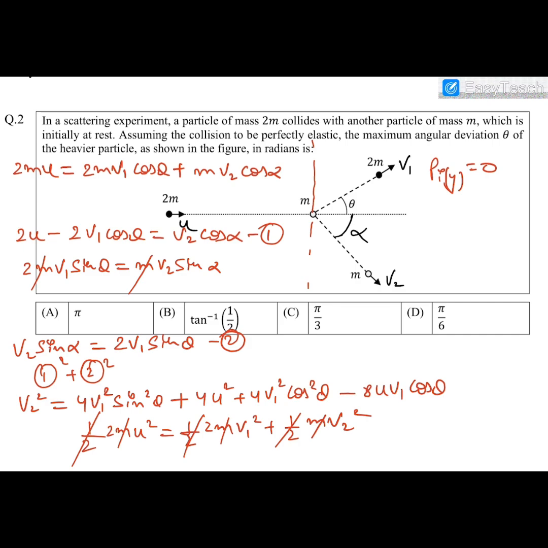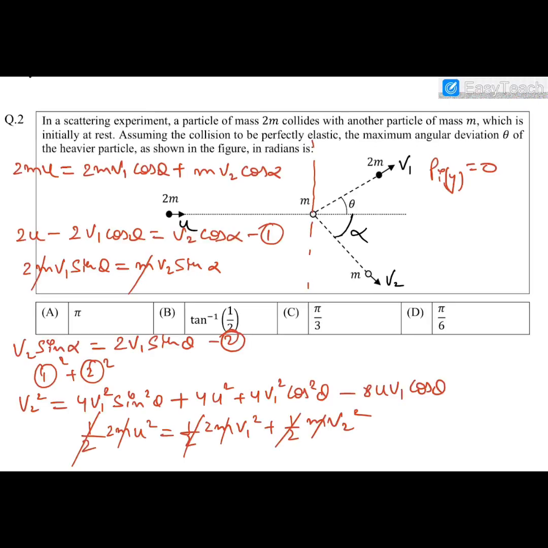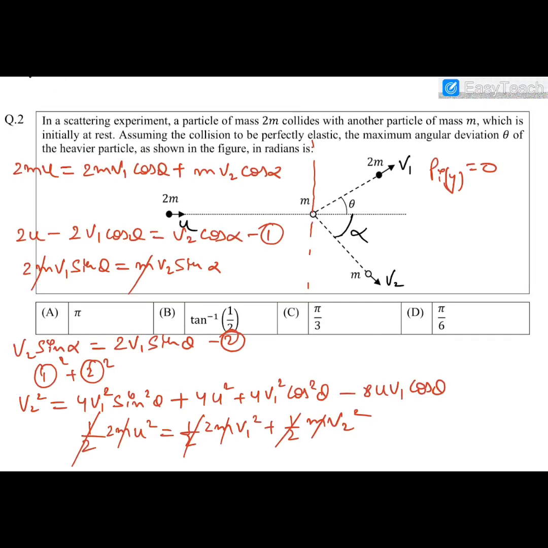So the equation will be 2u square minus 2v1 square is equal to v2 square, that is, 2u square minus v1 square is equal to v2 square. We will substitute this value in the earlier equation.